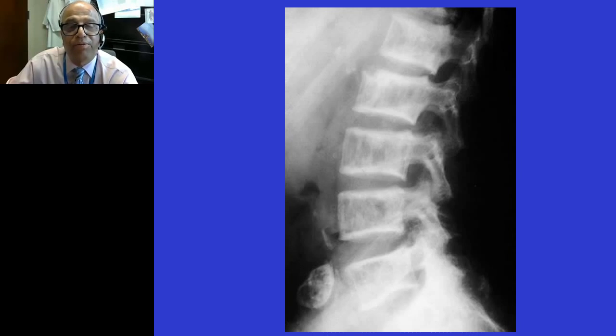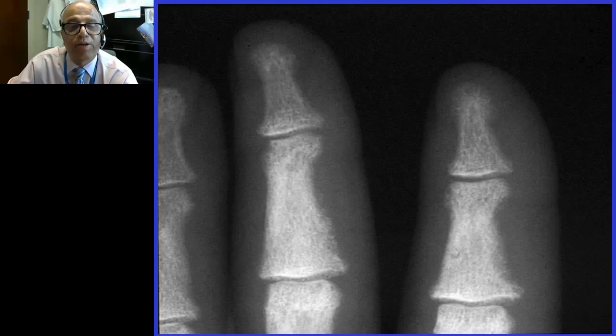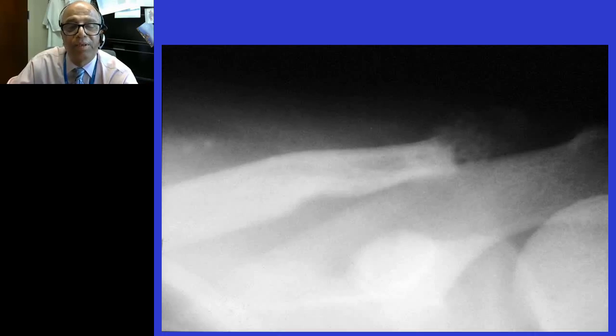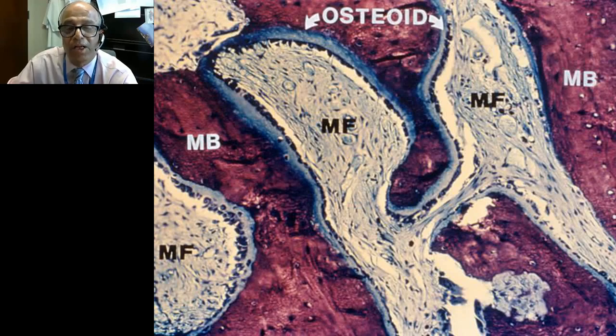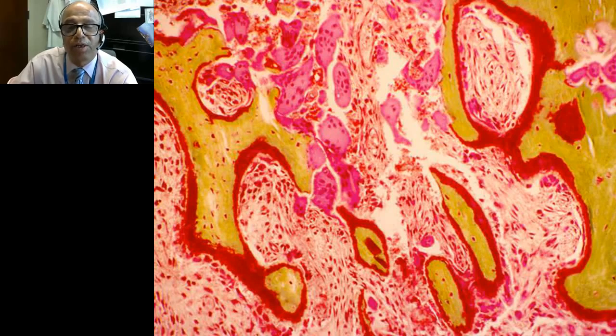This is an example of a rugger jersey spine in a patient with renal osteodystrophy, and a close-up view of the subperiosteal erosion on the radial aspect of the femur. Sometimes you can see it on the lateral end of the clavicle with resorption. Again, marrow fibrosis that I showed you earlier.